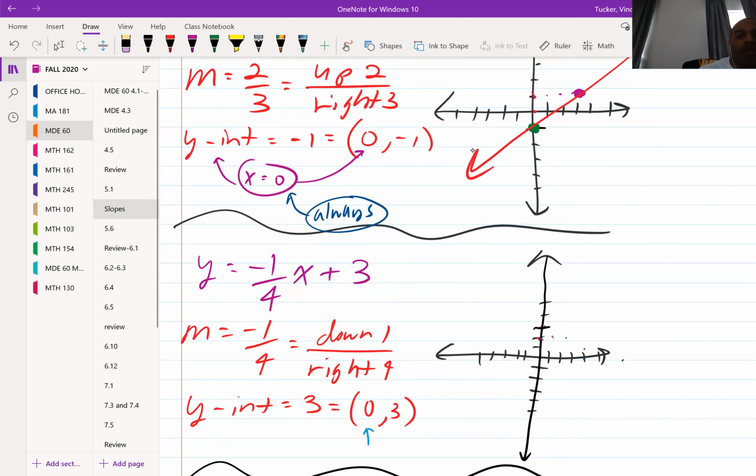That's -1/4. The other number is 3. So that's a -1 over a +4. That means we're going to go down 1, right 4. And then our y-intercept is (0, 3). So we graph the y-intercept first.